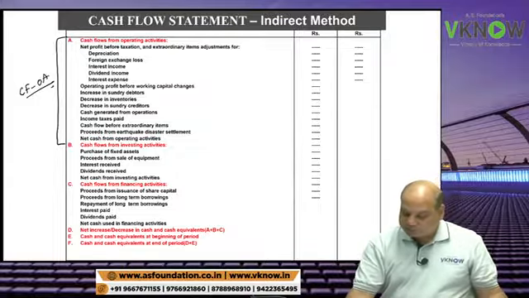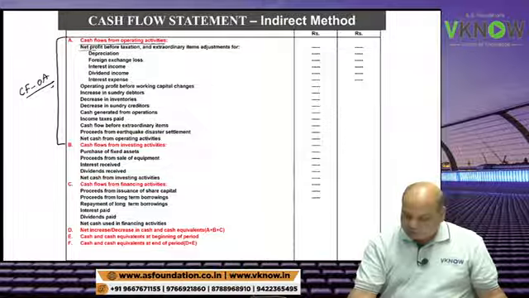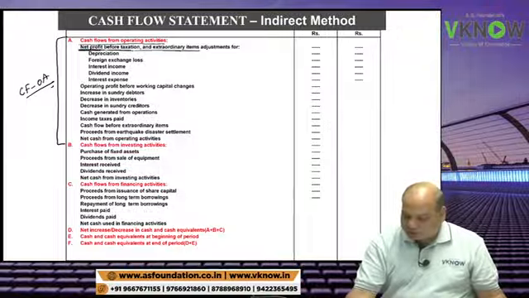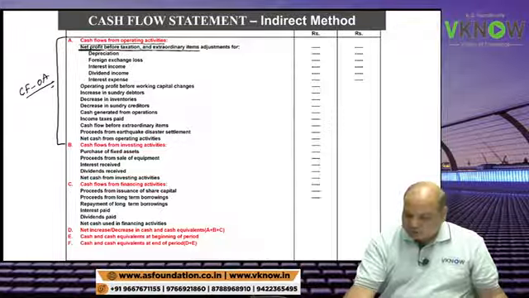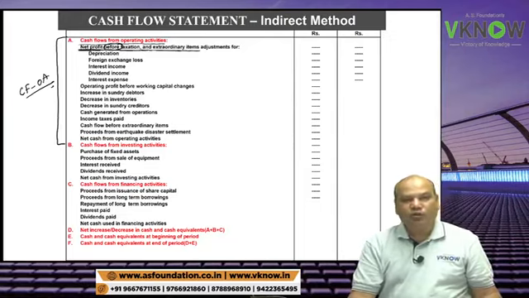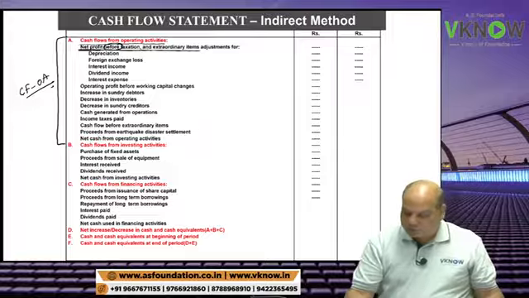Under the indirect method, cash flow from operating activity, you start with net profit before taxation and extraordinary item. Net profit before taxation, or you can write net profit after taxation and then add back provision for taxation.